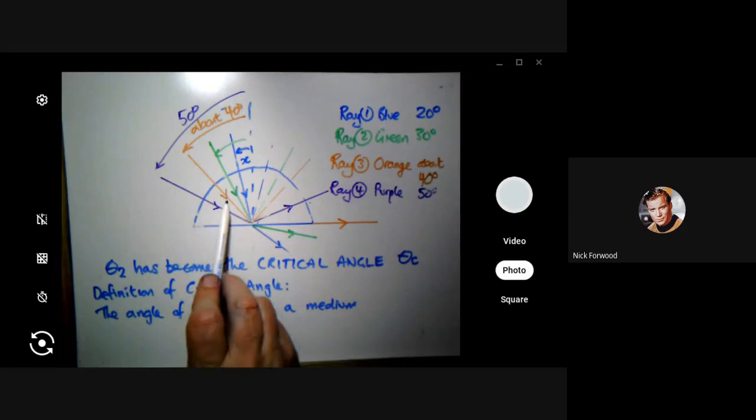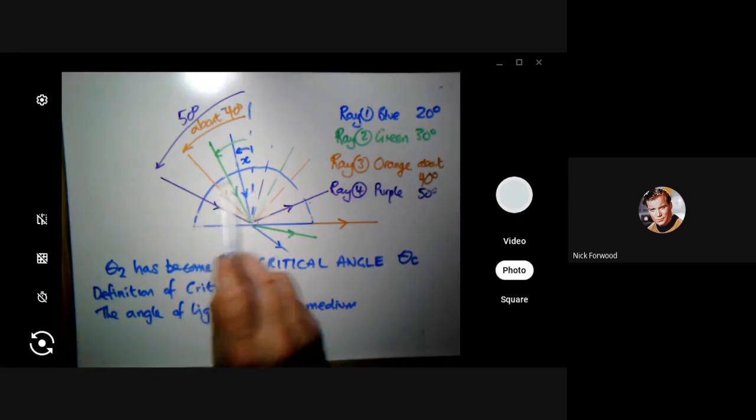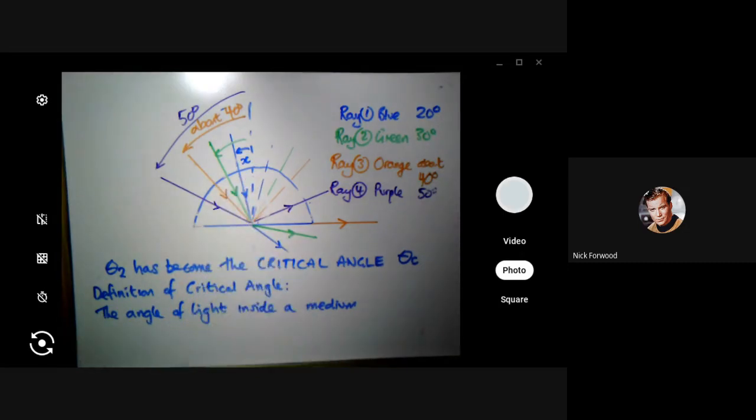So it's the angle inside, which we've measured to be about 40 degrees, the angle of light inside a medium which allows the light to exit into the air at 90 degrees.